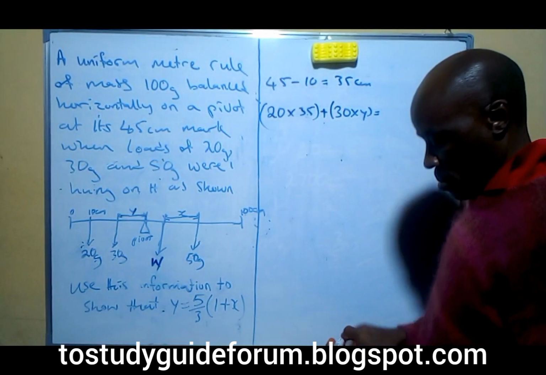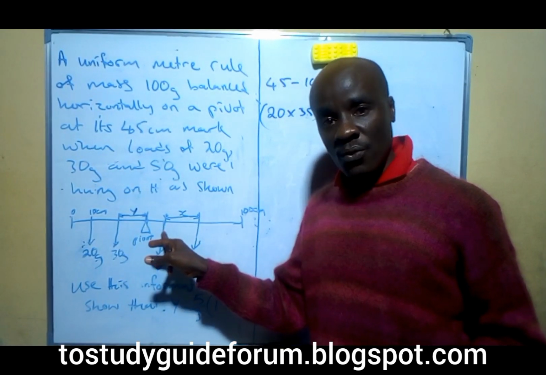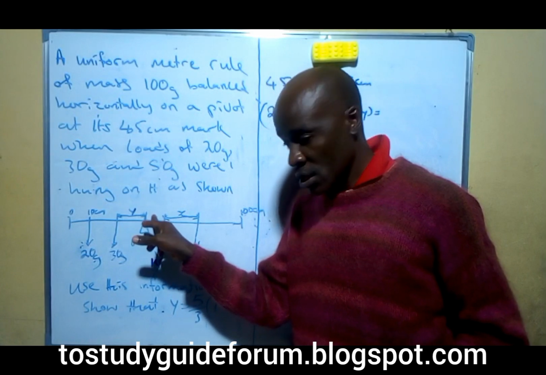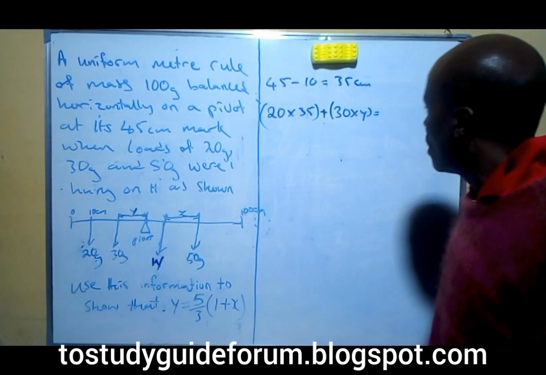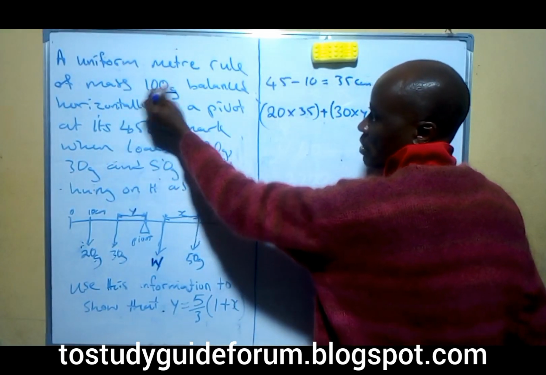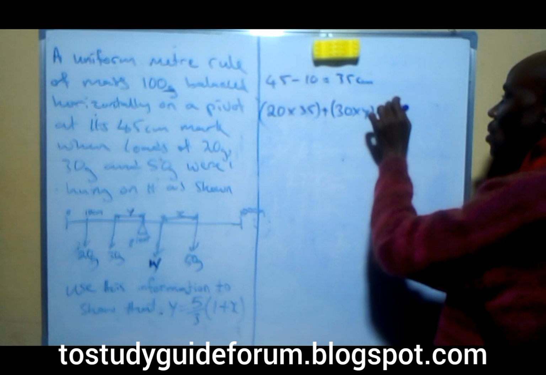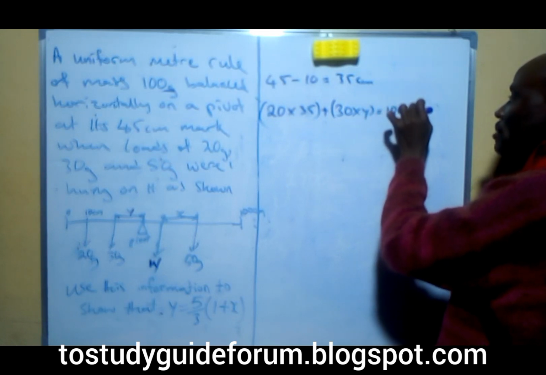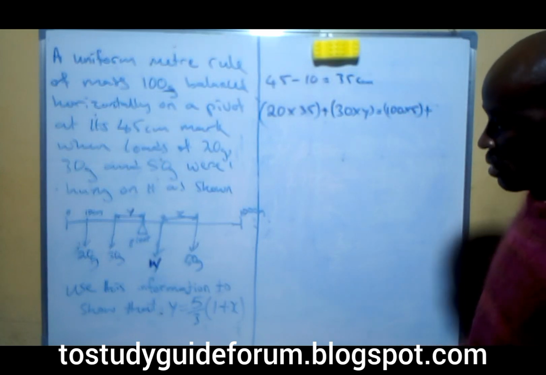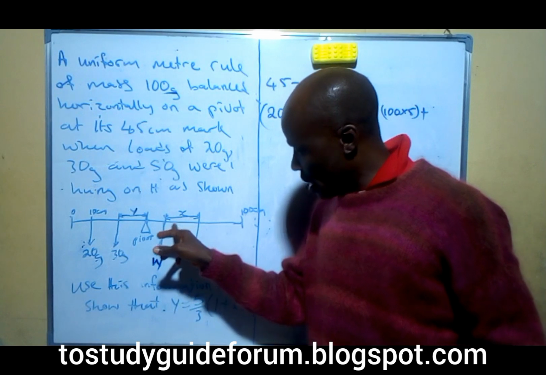Equal to, since here is 45, to make it up to 50, here should be 5 cm. For the weight, we know it is 100, so 100 times 5, plus the last one, which is 50. Here we have x and here is 5.